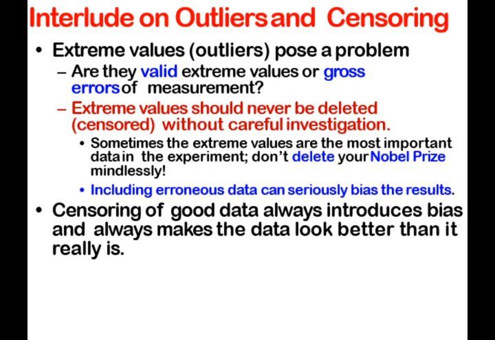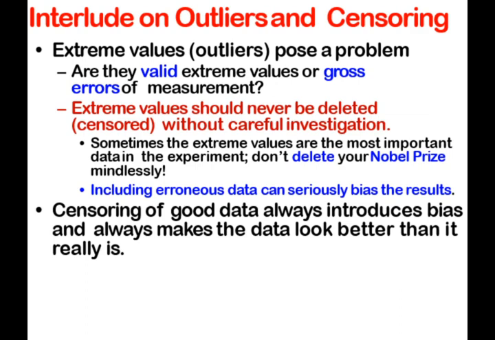So mainly because, as we said, censoring of good data always introduces bias and always makes the data look better than it really is. So let's say you want to calculate the average IQ of everyone around the world. If you remove the Nobel laureates, your data will look more like a normal distribution, which does look better, but it is not real, right?